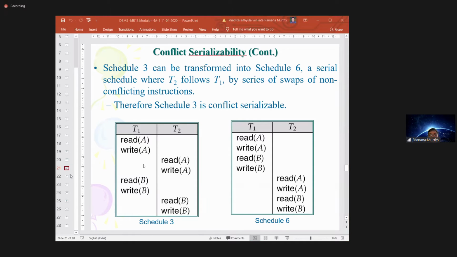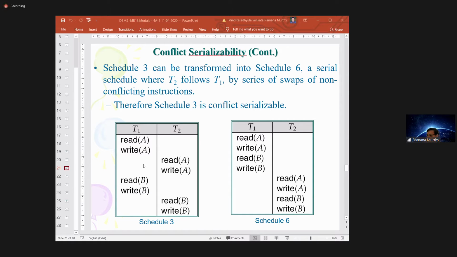That means without waiting for the other transaction, both T1 and T2 can perform their operations. But if you find any conflict, you have to stop until you obtain something like schedule 6. Then T1 may wait for T2, or T2 may wait for T1 for completion.